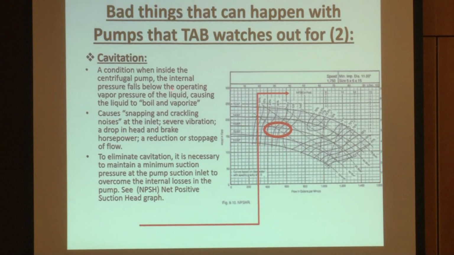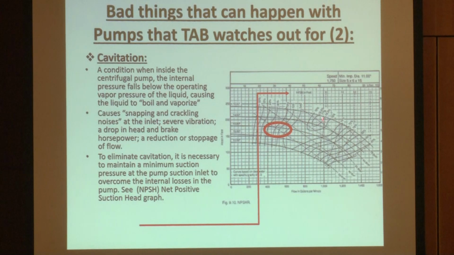So cavitation is a condition when inside the pump, the internal pressure falls below the operating vapor pressure of the fluid, causing that liquid to boil or vaporize. That water pump then is trying to push steam or water vapor through a pump, and it doesn't work well, right? It gets very noisy, and if you don't fix it right away, it'll actually damage the pump and damage the systems you're working with.